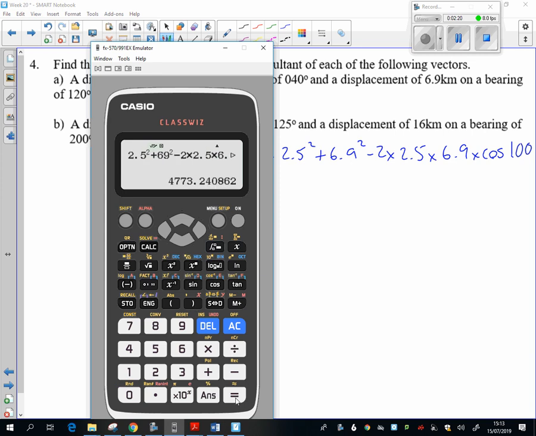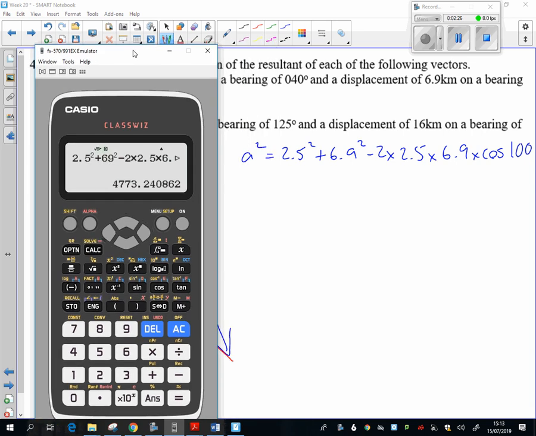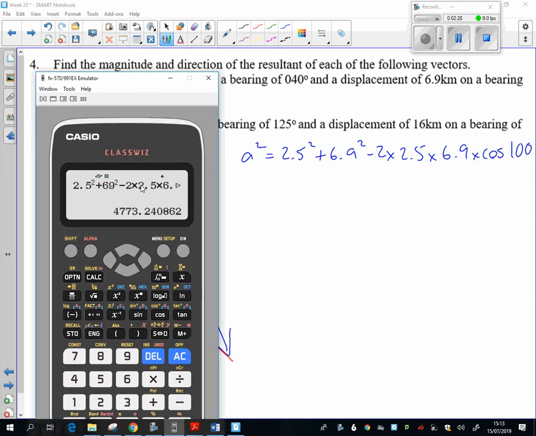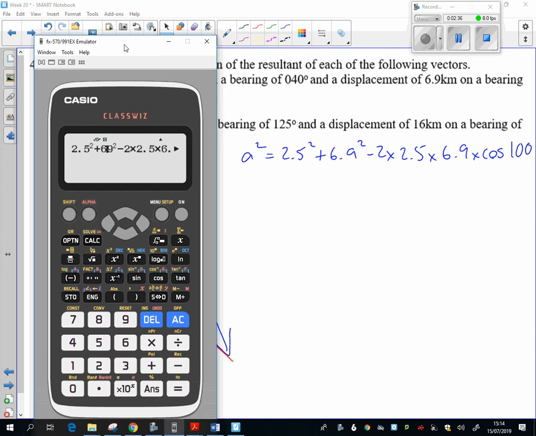So a squared, well, that seems a bit big, doesn't it? I've put 69 instead of 6.9. So let's just quickly go back and change that. Okay, yeah, that seems more reasonable.